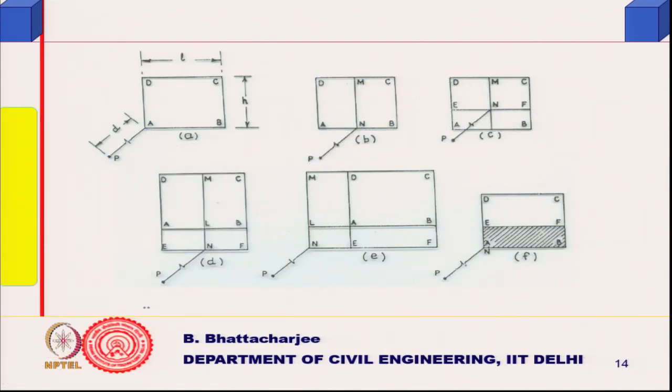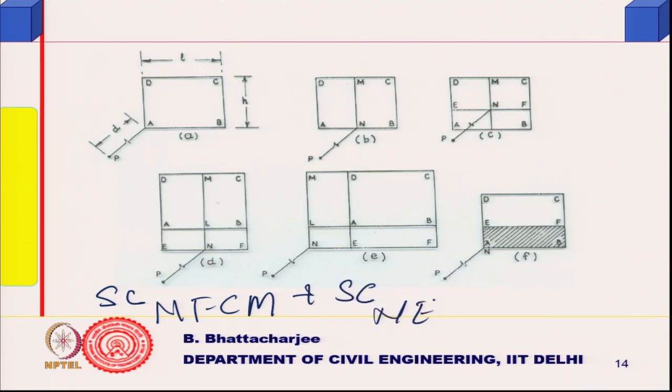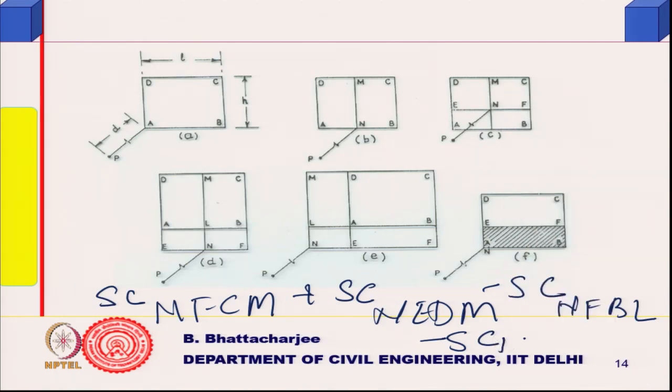For this case, I first find out the sky component for NFCM plus the sky component for NEDM, minus the sky component for NFBL, minus the sky component for NLAE.